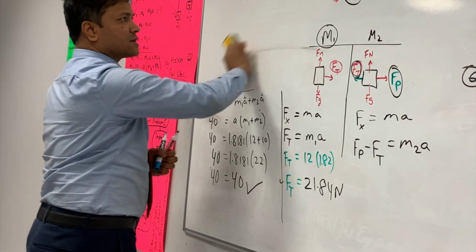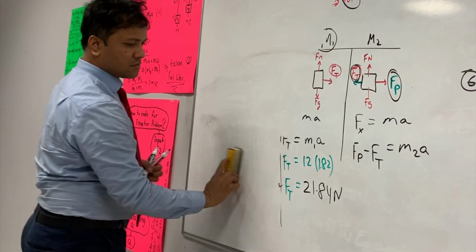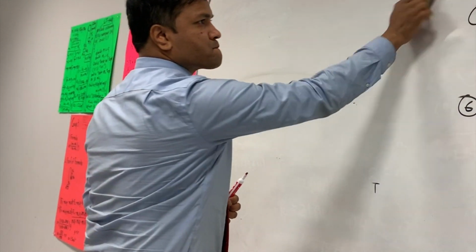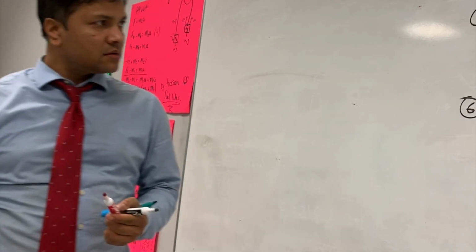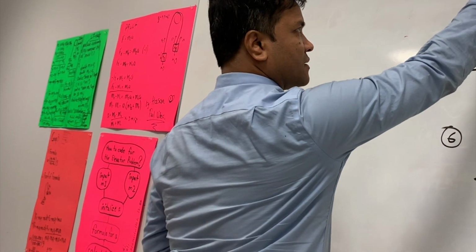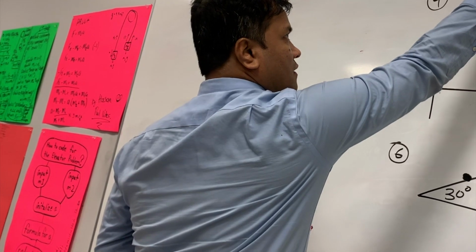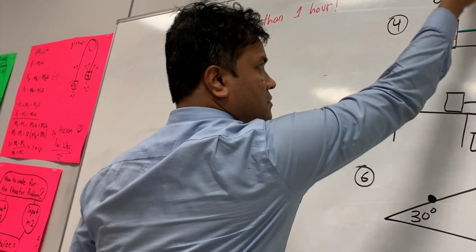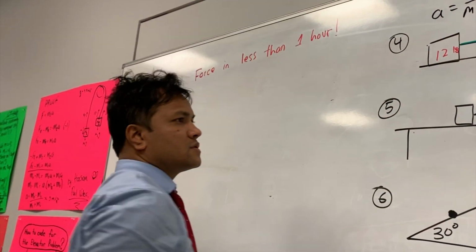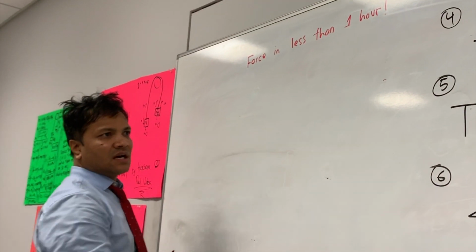So now we're going to solve the next one. Which one is the next one? Next one is number 5. But for number 4, I'm going to put the equation over here for you to see: m1 plus m2. So number 5, as you see, is a little different.